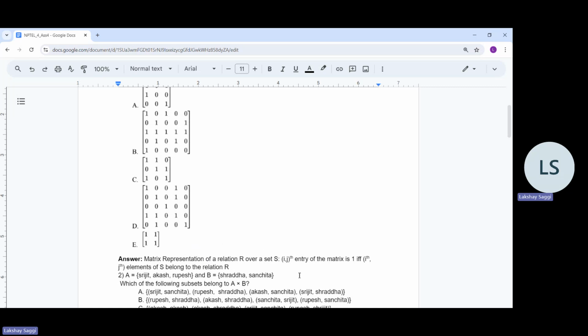Then we say that the i comma jth entry is one if and only if the ith comma jth elements of S belong to the relation R.